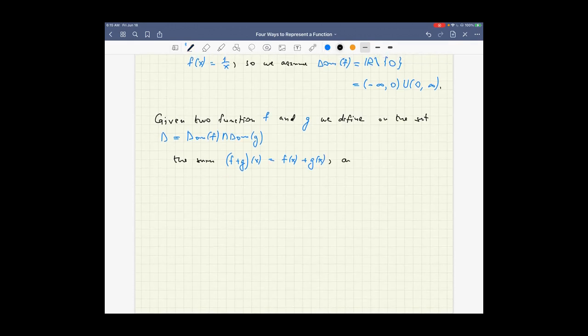And likewise the product, which is of course just f applied to x times g applied to x.